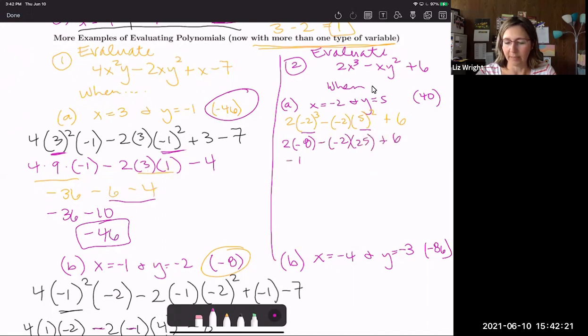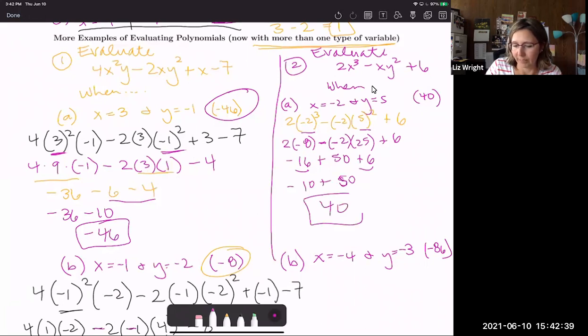Here, this is going to be negative 16. My minus a negative is going to give me another positive. 2 times 25 is 50 plus 6. So if I'm thinking about negative 16 and positive 6, that's going to be negative 10 plus 50, which gives me 40. And that's your answer.